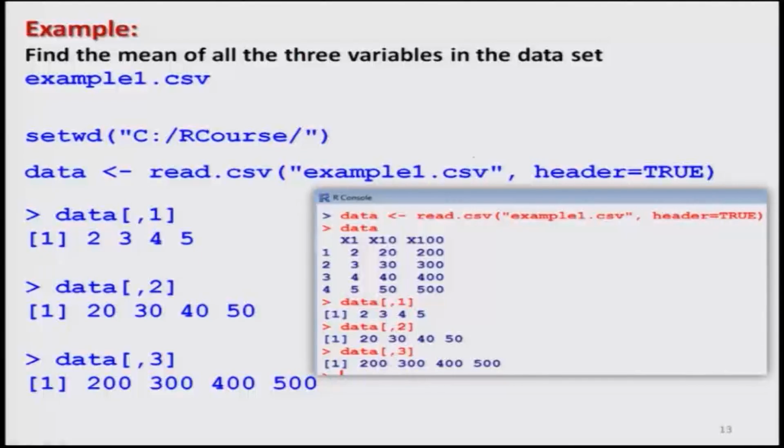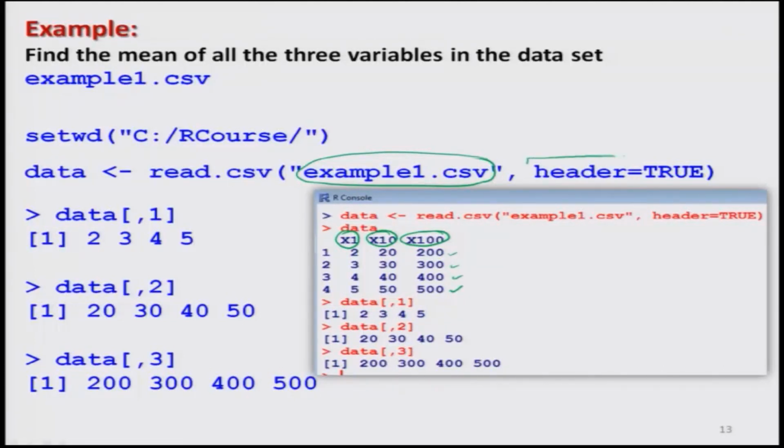If you try to remember, some lectures back we had created a file, example1.csv, and in this file we have 3 variables, x1, x10, x100, containing the values 2, 3, 4, 5, 20, 30, 40, 50, 200, 300, 400 and 500.